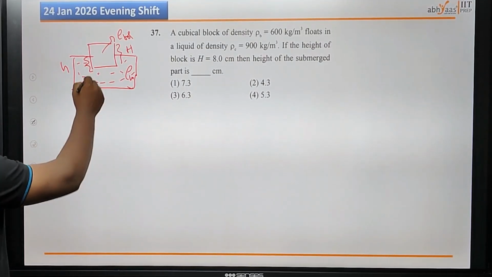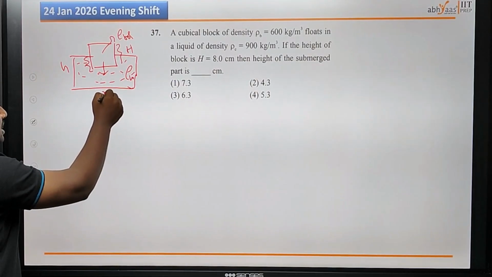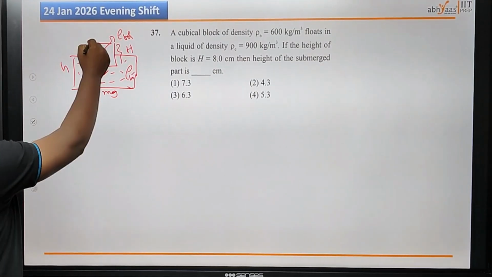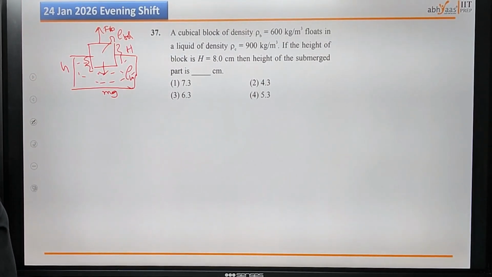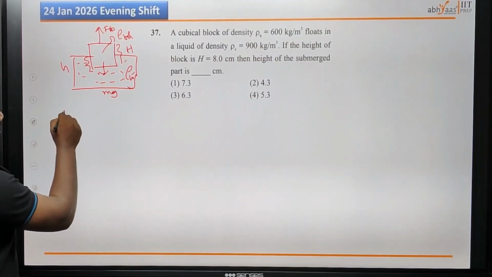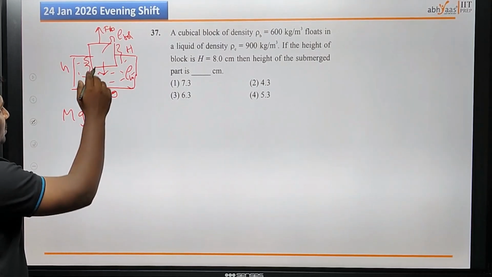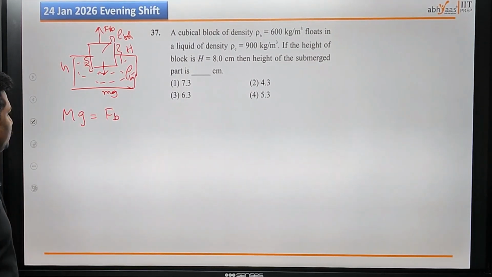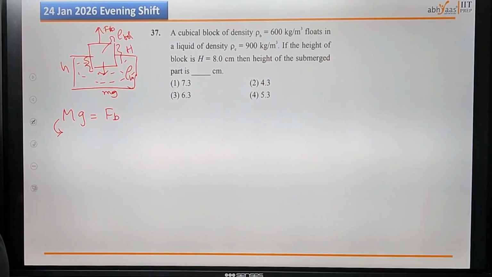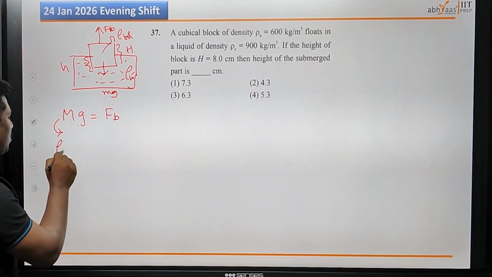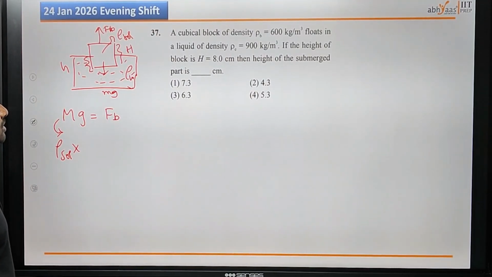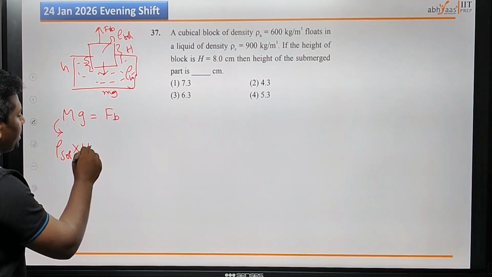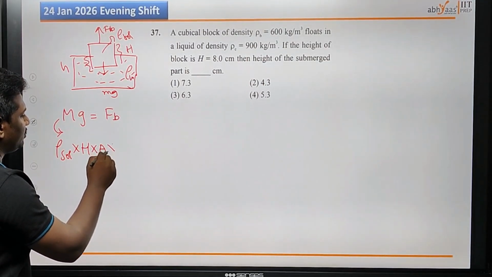At equilibrium, the gravitational force mg is acting downward and the buoyancy force Fb is acting upward. So weight mg equals Fb, the buoyancy force. m can be written as rho into volume, that is rho of the solid into volume, and volume is height into area, into gravity.